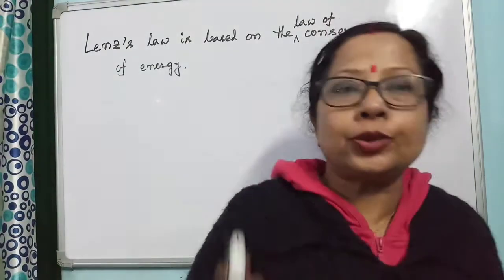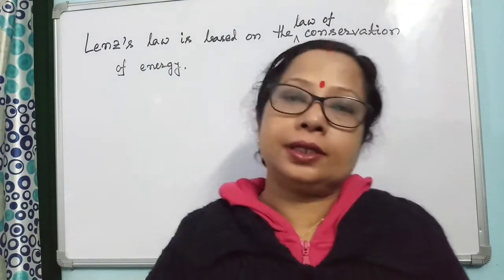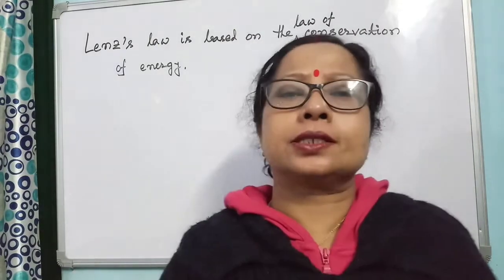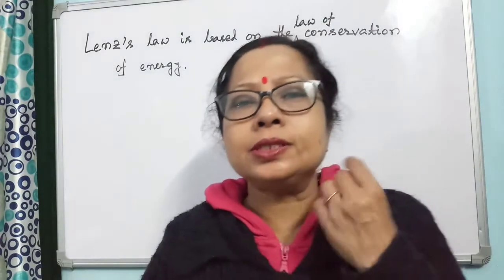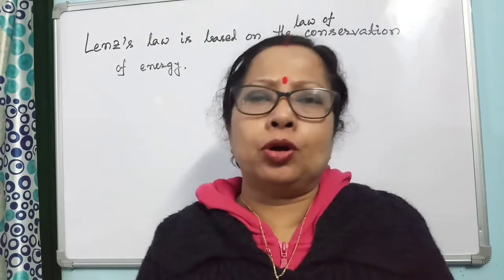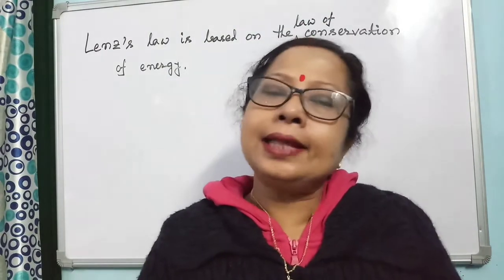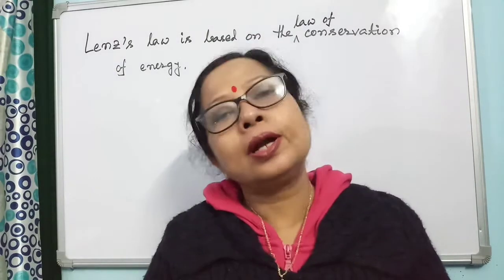Lenz's law is actually based on conservation of energy. Why does the direction of the induced EMF oppose the cause? You have to understand that. When the North Pole is approaching the coil, if it is not opposed, then what will happen?